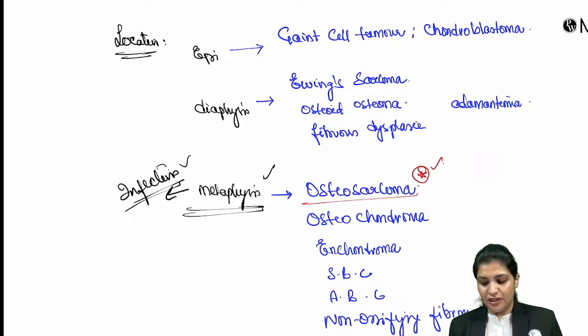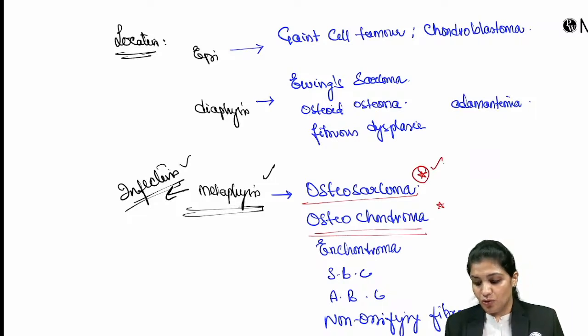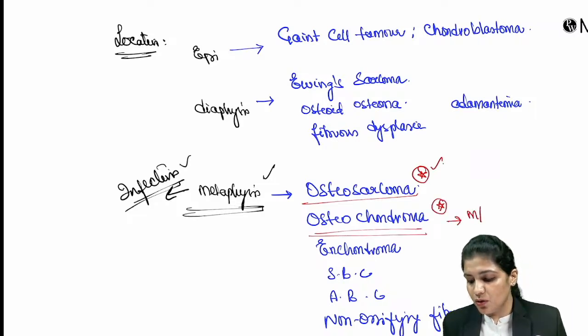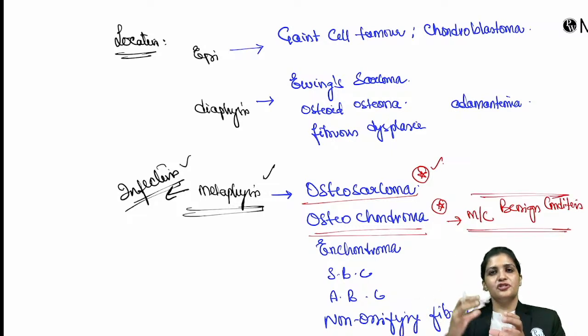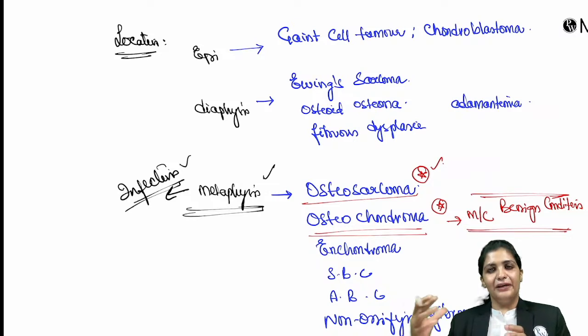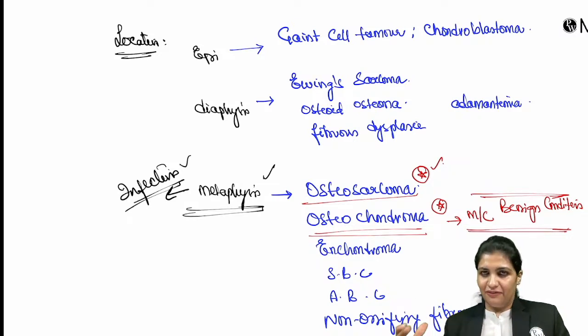So this is the metaphyseal origin, and then is your osteochondroma. This is the most common benign condition again in the whole orthopedic oncological part. So in oncology, that is the tumorous conditions, the most common benign condition which you see is your osteochondroma, right? And this is seen in your metaphyseal region.